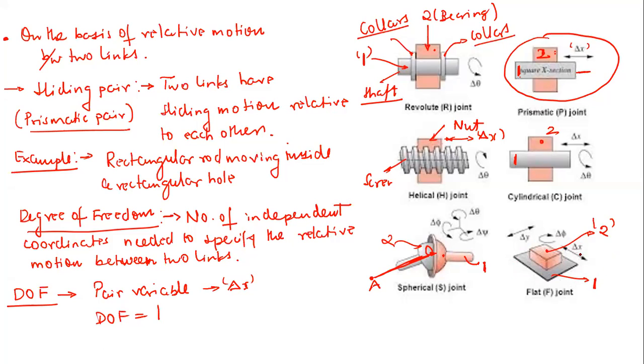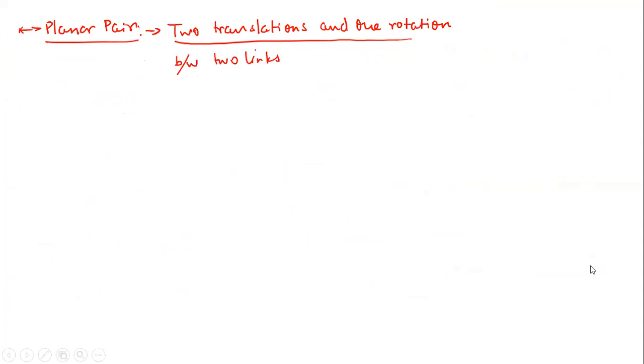If I establish a coordinate system z, then this is your x and this is your y. This rectangular bar is free to translate along the x direction, along the y direction, and at the same time it is free to turn around the z axis, right? So here two translations, along x and along y, and one rotation, about the z axis, are possible.